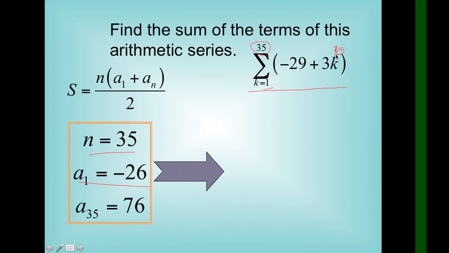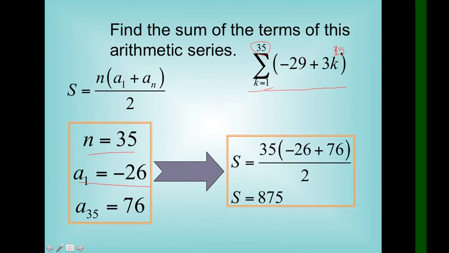And then we will just substitute all the given to our formula. So we will be having this one. So negative 26 plus 76. What's the answer? So we have negative 26 plus 76 is equal to 50 times 35.